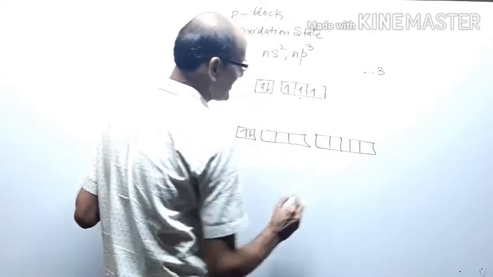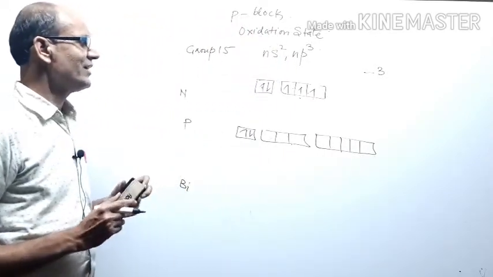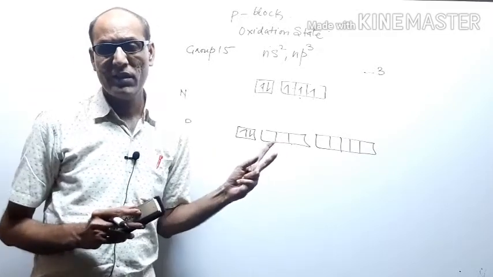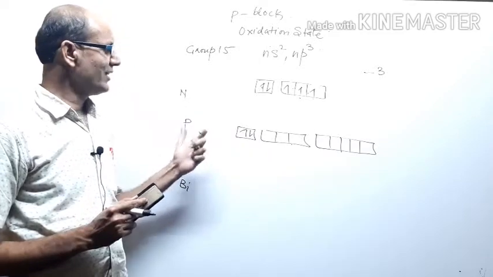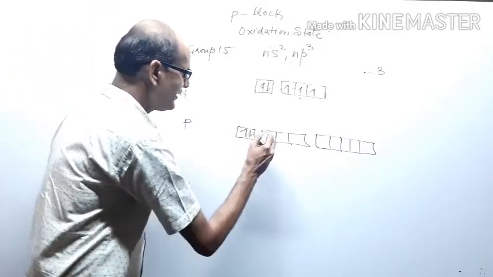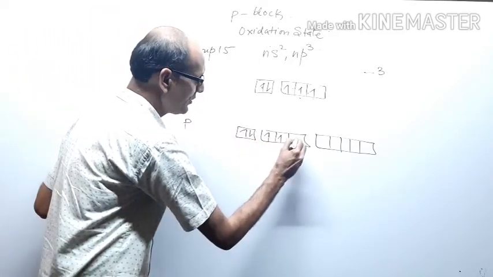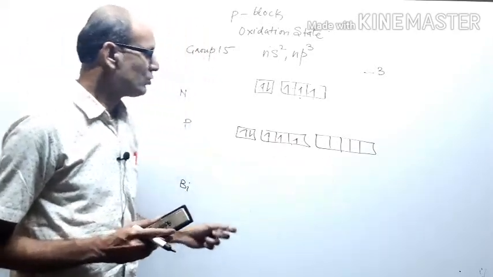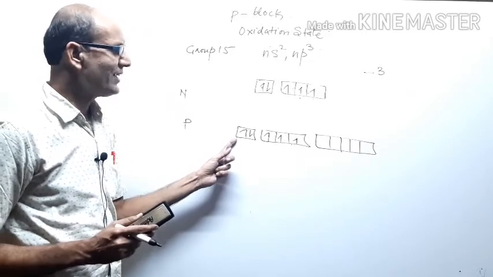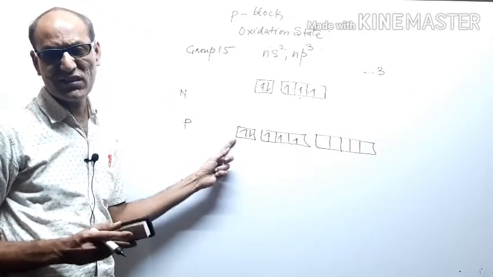Nitrogen does not have a d subshell because it contains only 2 shells, and in the second shell a d subshell is unavailable. Phosphorus contains 3 shells, so it has a d subshell also.